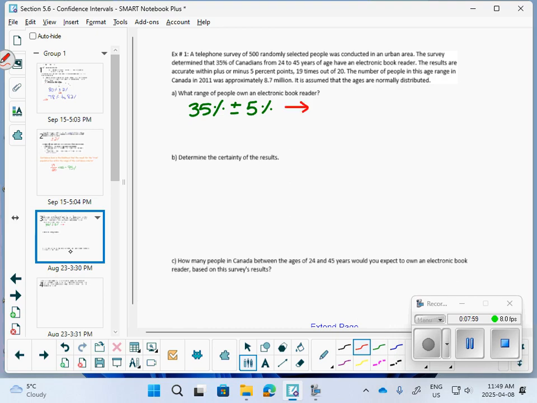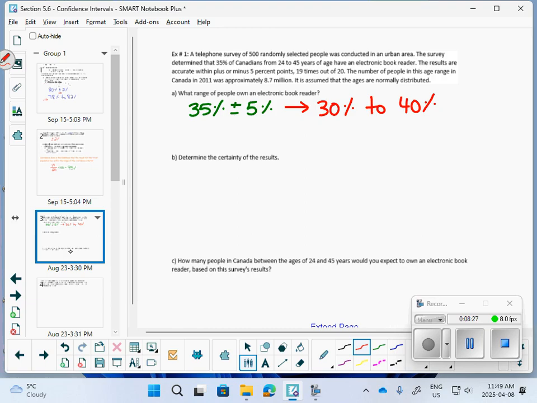But we're going to change our range to be, we're going to get rid of the plus and the minus. We're going to do the math. So 35 minus 5, 30% to 40%. So that's the range of percent, okay? They want to know how many people, so how many people were surveyed. 500, okay, so 500 people were surveyed.